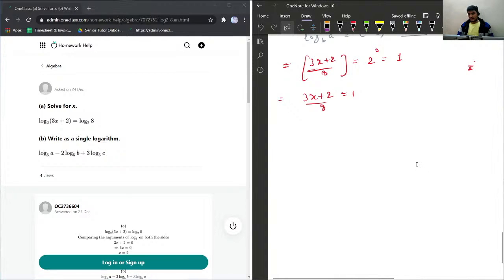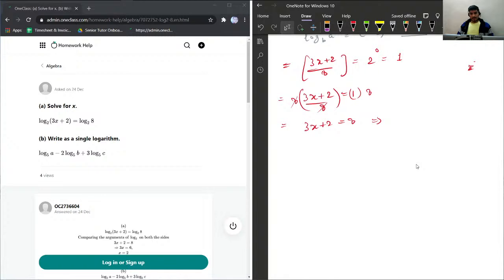I'll just multiply 8 on both sides. So this 8 and 8 will get cancelled here, and I will get 3x plus 2, which is equal to 8.